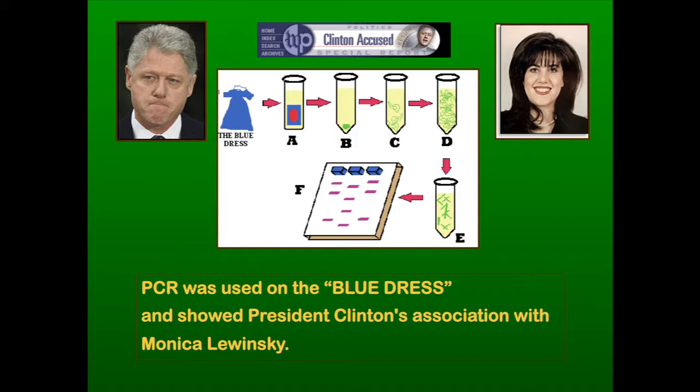Before many of you were born, President Bill Clinton had something to do with a certain intern named Monica Lewinsky. And an association was made between some material left on Monica Lewinsky's desk or dress and Bill Clinton.